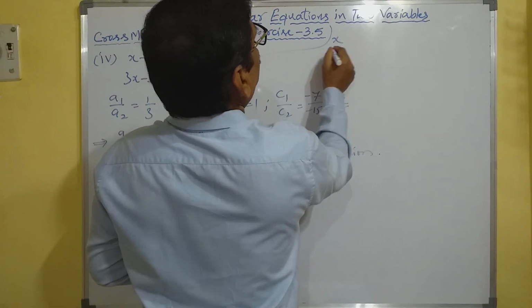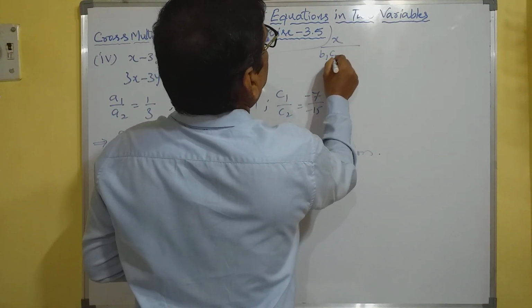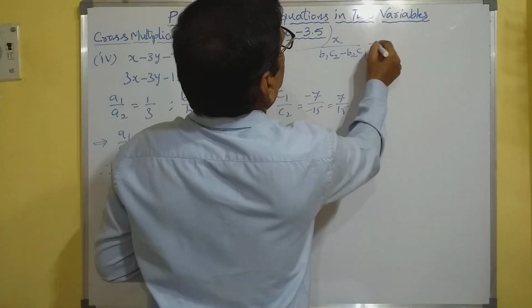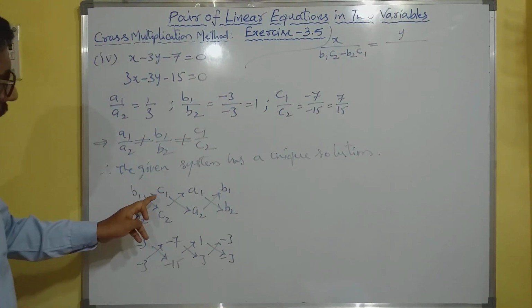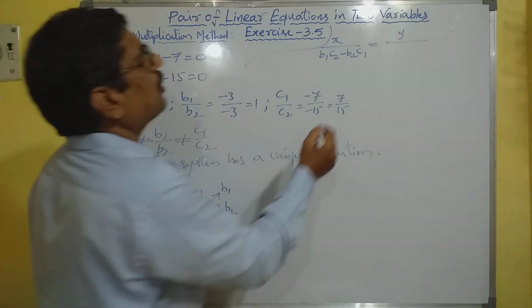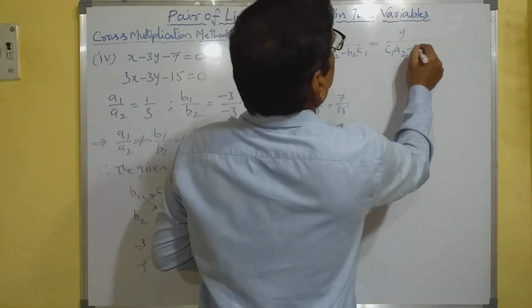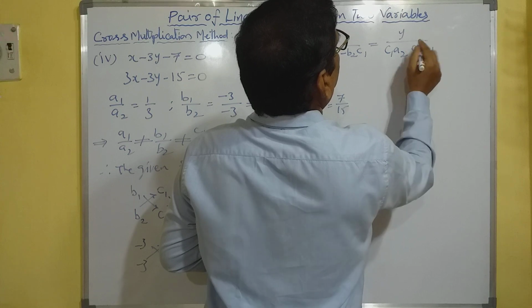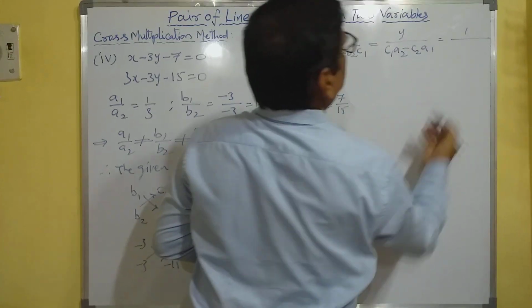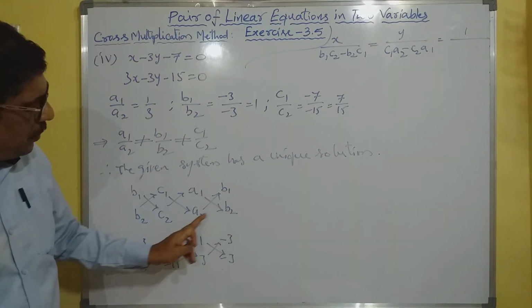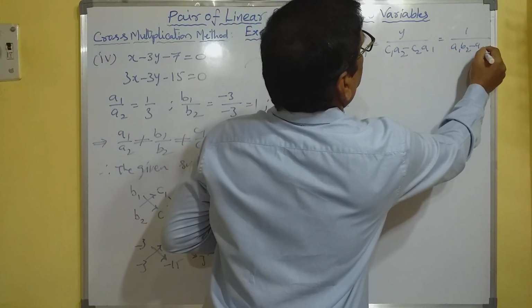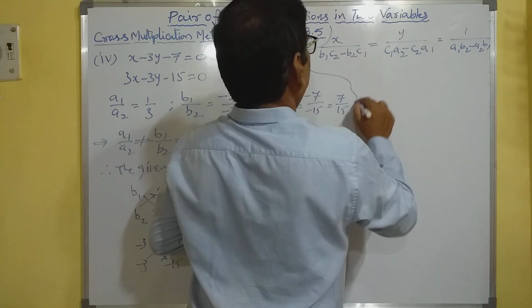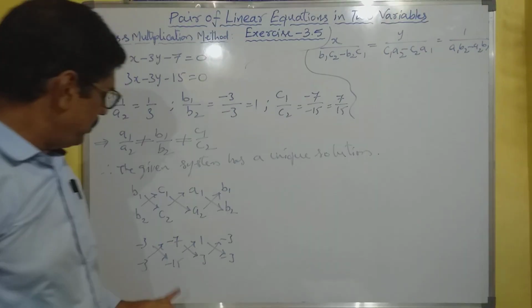Now we are using the cross multiplication method to solve the equations. That is x by b1 c2 minus b2 c1 is equal to y by c1 a2 minus c2 a1 is equal to 1 by a1 b2 minus a2 b1. Now you look at this.